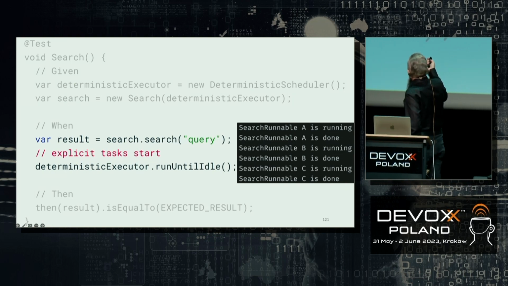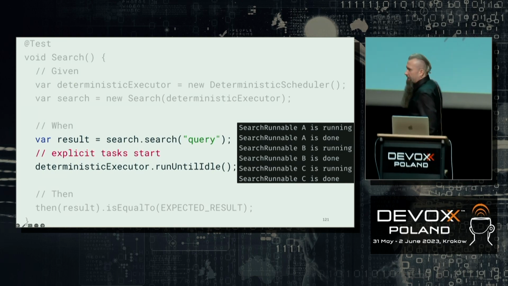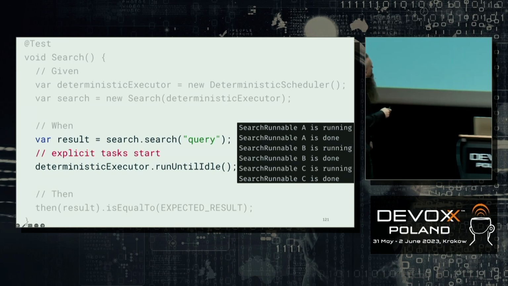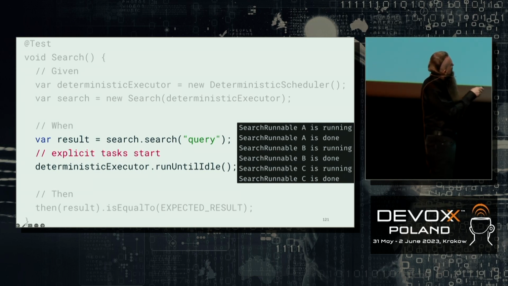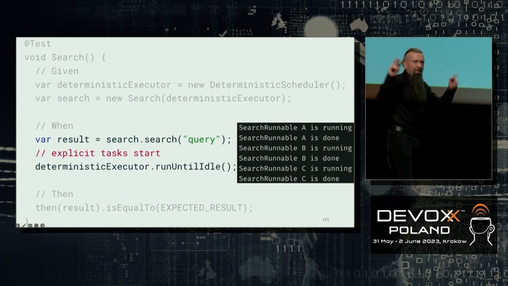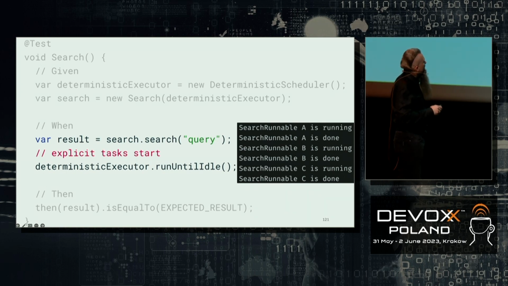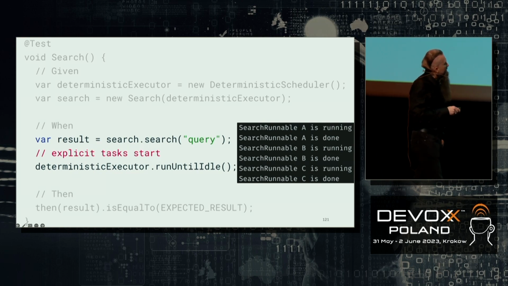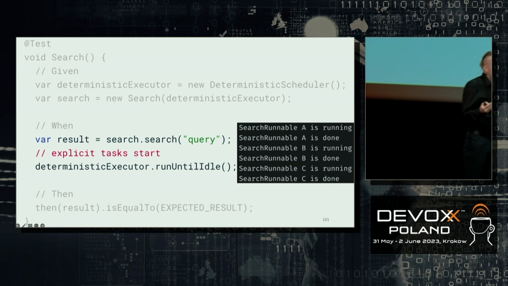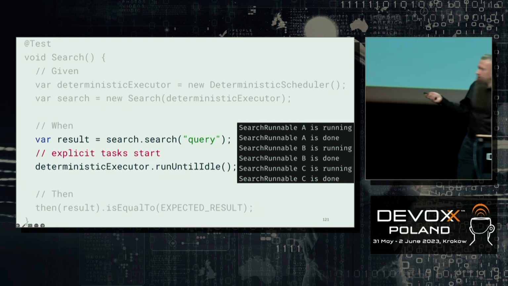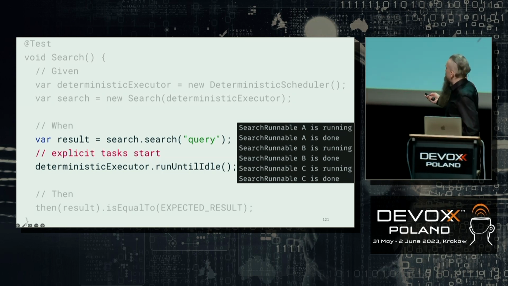And the output, as you can see, is pretty clear because we have some multi-threading, but it is now disabled from this perspective: search enable A is running, A is done, B is running, B is done, C is running, C is done. So we are in total control of how our threads are running, and we can focus on the behavior and not mind the threading issues.